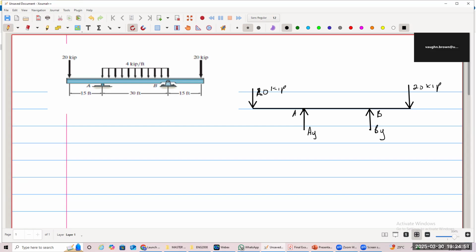All right. Now the distance between here is 30 and this one is 15. All right. And this is feet.